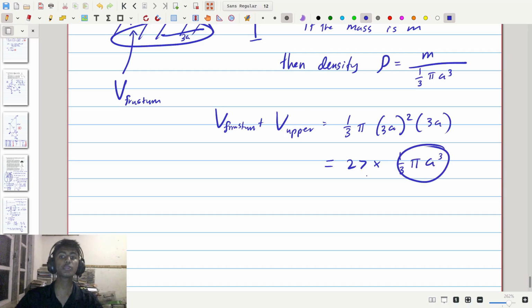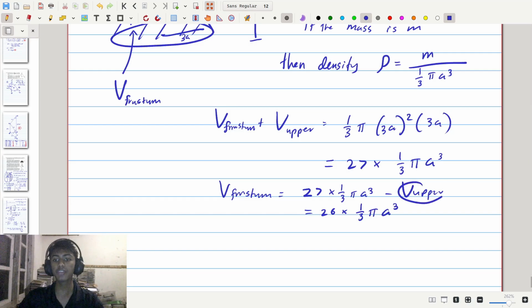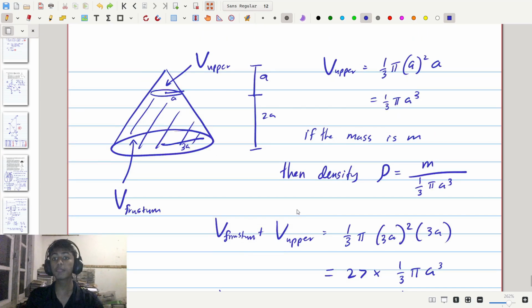So we have exactly 27 times the volume that we had earlier, and therefore V frustum is equal to this thing minus V upper, which is 27 times 1/3 pi a cubed minus 1/3 pi a cubed, which equals 26 times 1/3 pi a cubed.